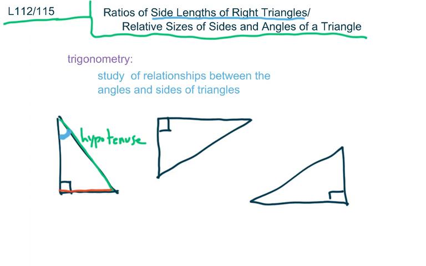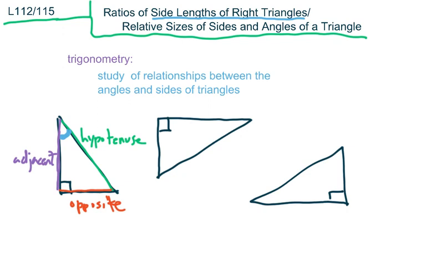In relationship to the blue angle, I'd have to call this side the opposite side, and that's going to be very important as we move forward. This side would be called the adjacent side, because it's the side next to the blue angle. The red one, the opposite, is opposite the blue angle. And again, the hypotenuse would never change.